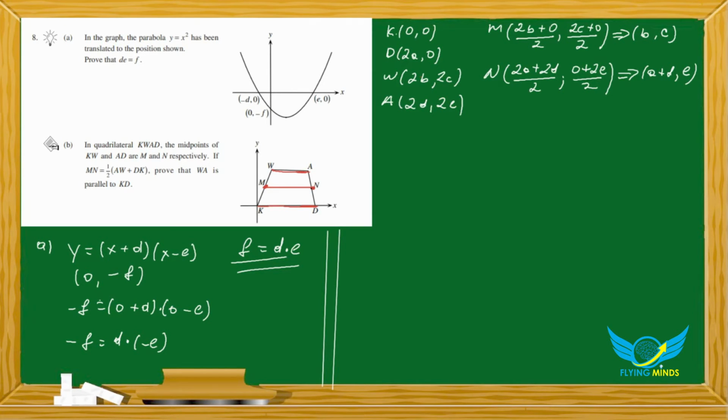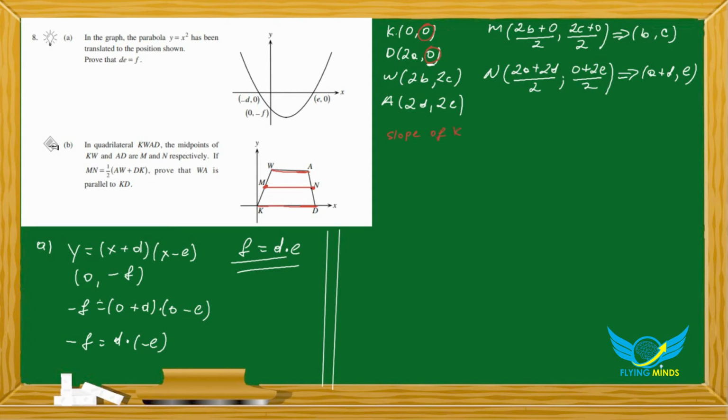Now let's try to calculate distances. So what's the idea? Because K and D both have y coordinate 0, it means that the slope of KD is 0.